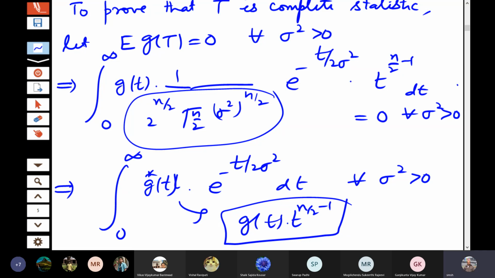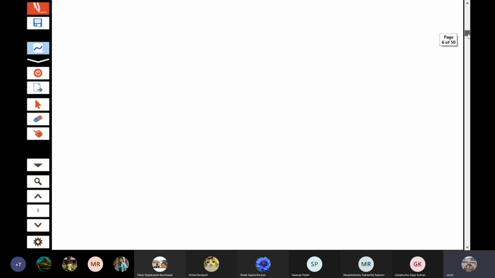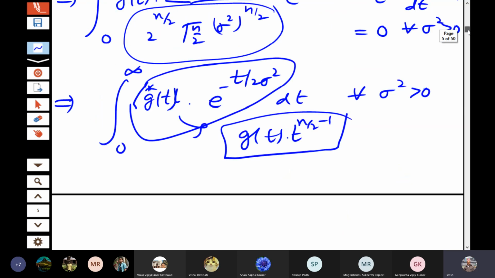Again, if you look at this, it is actually the Laplace transform of the function g star t. And again, I am saying that it is equal to 0 for all sigma square. So therefore, the function should be identically 0. That means this function should be 0, which means g(t) must be 0.